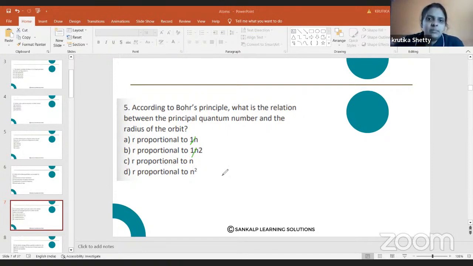I just gave you the formula, did you see it? According to that, r is proportional to n. Option C is correct. Next question.